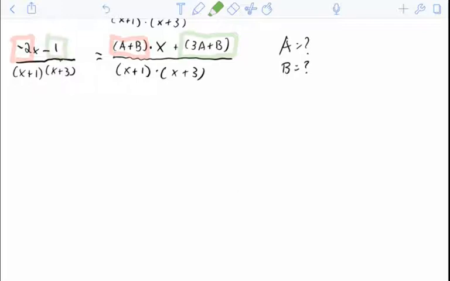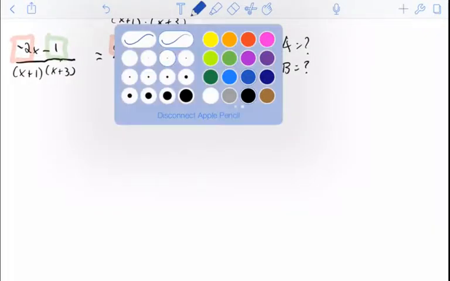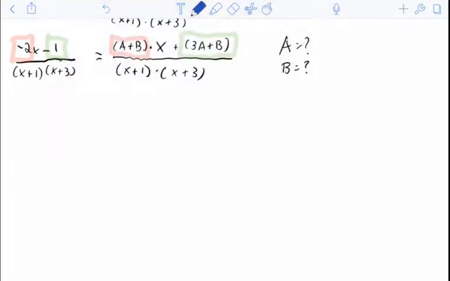Okay? So you're going to compare these coefficients and write them out one at a time. I'm going to use a blue pen because we've entered a different stage of our calculation. So this is 2 is equal to A plus B, and minus 1 is equal to 3A plus B.